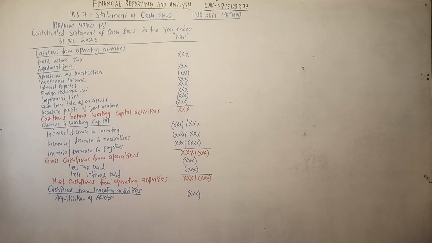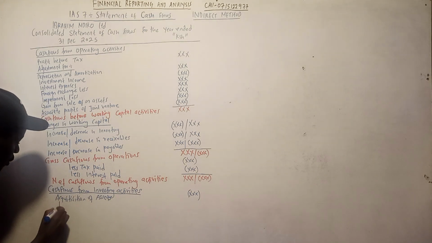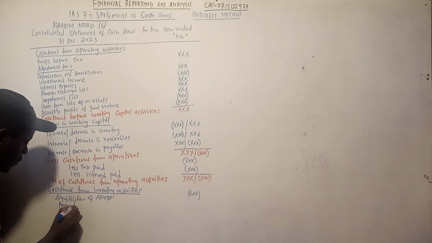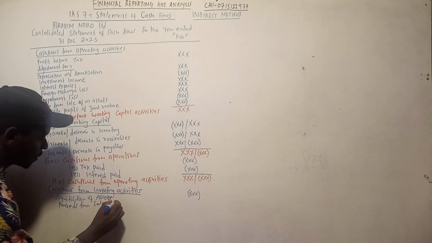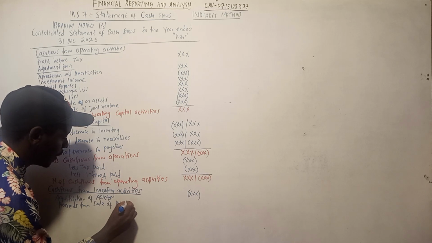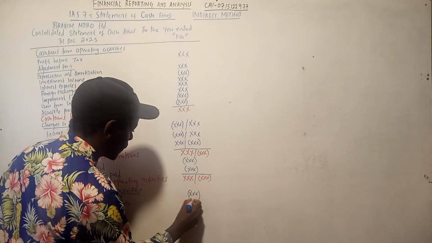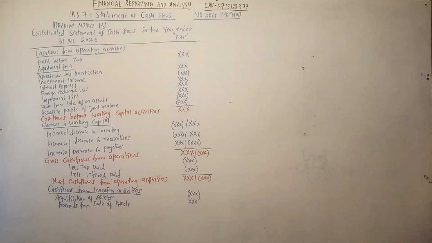We can also have, apart from the acquisition, proceeds from sale of assets. It can be the sale of a subsidiary or PPE. Either can do.